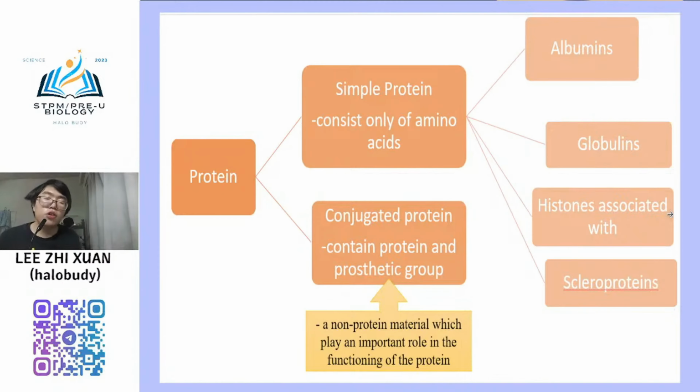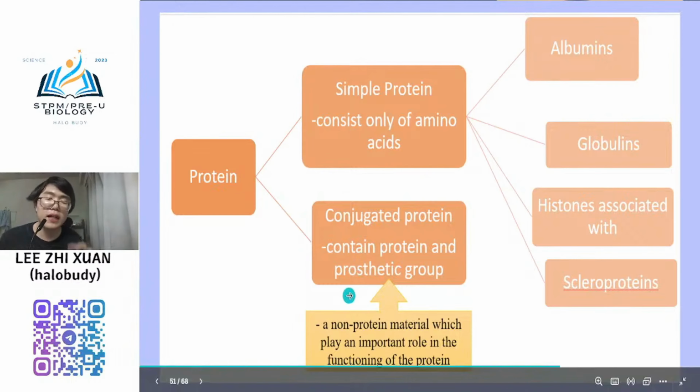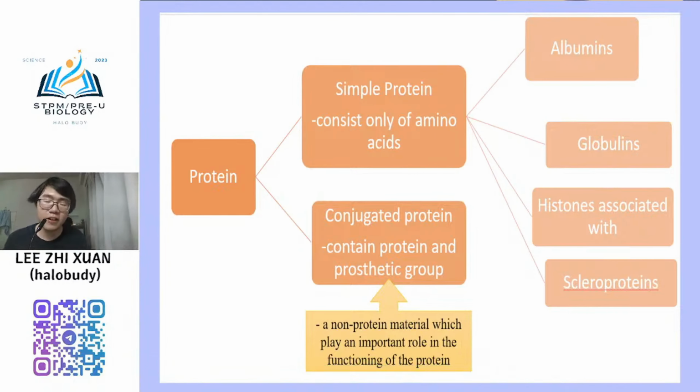Normally in classification there are two main classes: either simple protein or conjugated protein. Simple protein contains only amino acids, but conjugated protein contains not only amino acids, but also what we call a prosthetic group, which is any non-protein material. One example is hemoglobin.